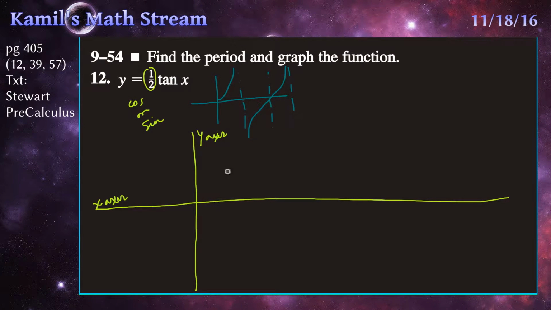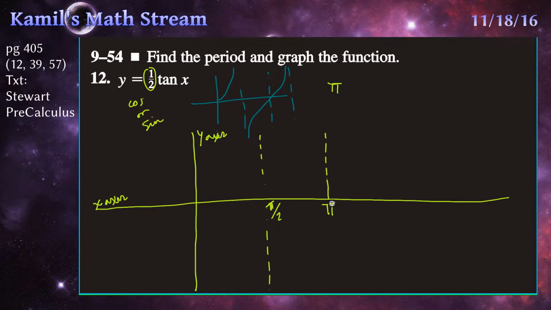All right. So the period is pi. We know that because we've done this in class, I guess. Pi, what does that mean? It means somewhere over here, where there's pi over 2, we have our first asymptote.